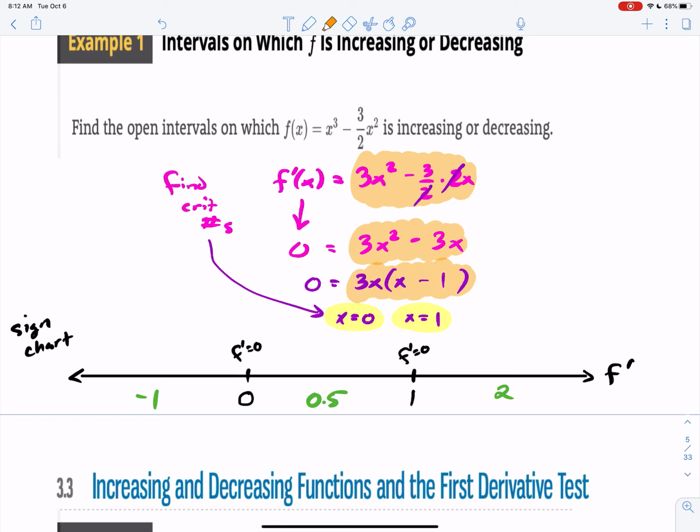So it doesn't matter which one you guys use. They're all equal, okay? But shoot for the factored one, okay? So let me write this in. I'm going to put parentheses around the 3x as well, okay? To imply that we have 2 factors here.